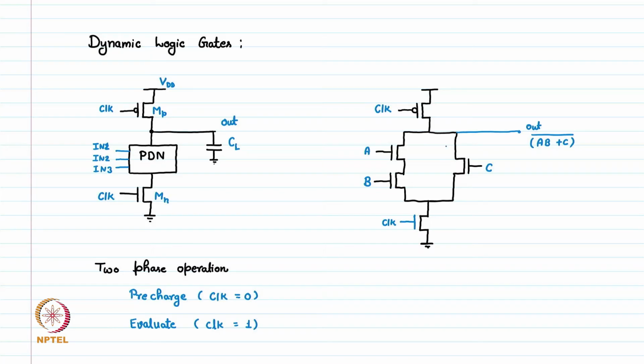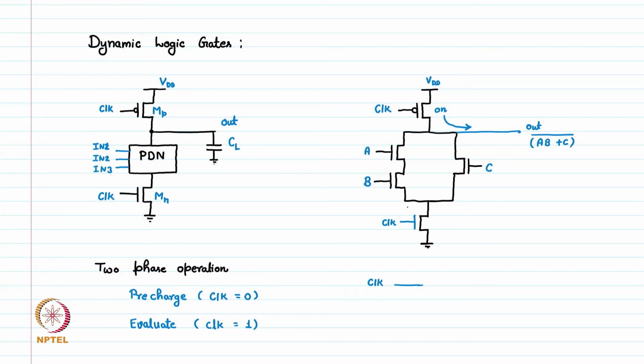So here, during the first clock cycle when the clock is 0, this PMOS MP is on and the output will be charged to a high value through VDD.